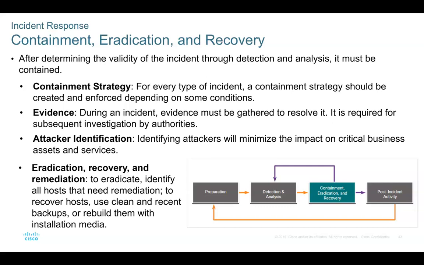Then we'll talk about the post-incident activity in a second. So containment strategy: how you're going to contain it, depending on where the attack was launched and who the victim is. The evidence: make sure you keep track of the evidence, like we talked about with the chain of custody earlier. So all that information has to be gathered and preserved.